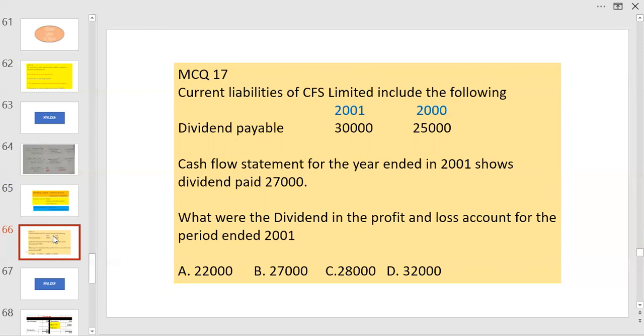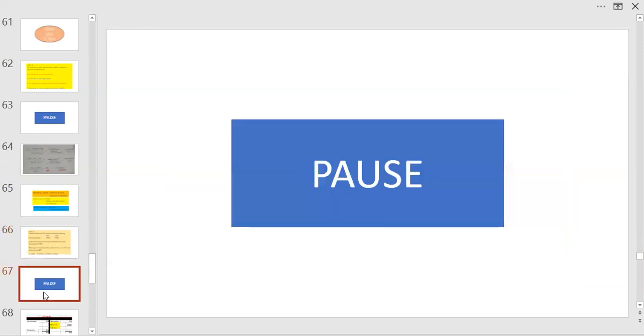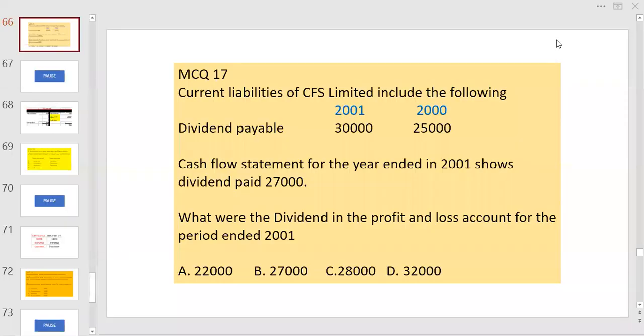What was the dividend in the profit and loss account for the period ended 2001? In order to get the answer to this question, the sure way is to go to a T account and plot all the information given here.